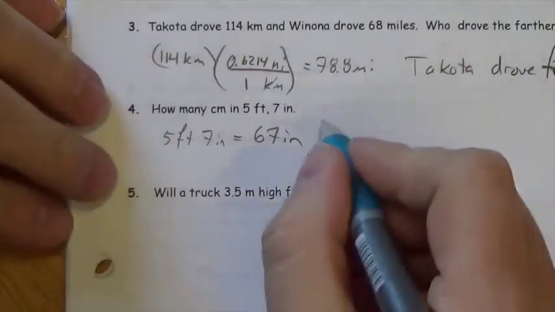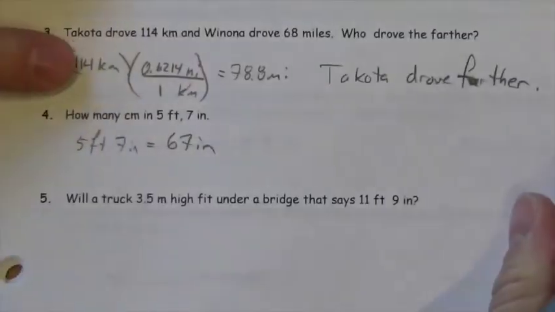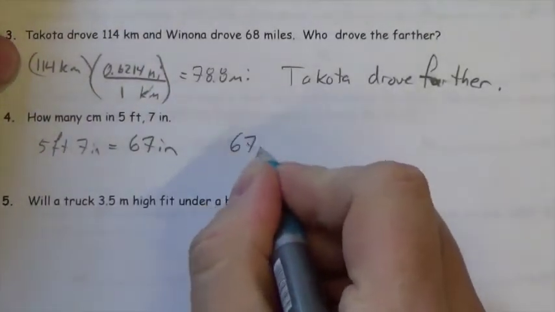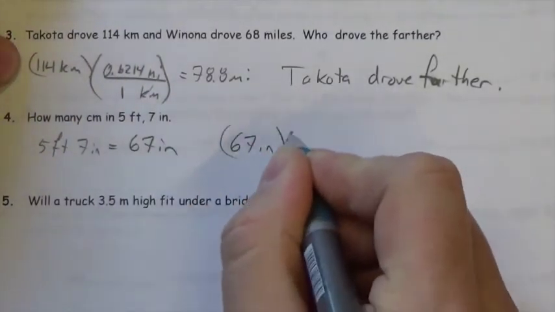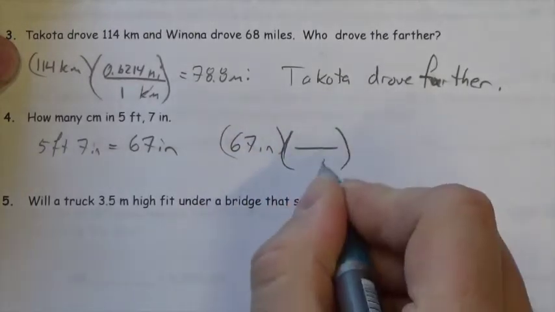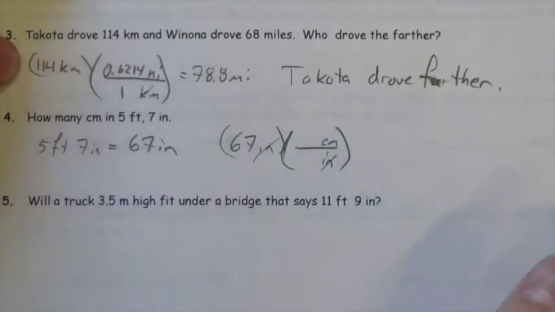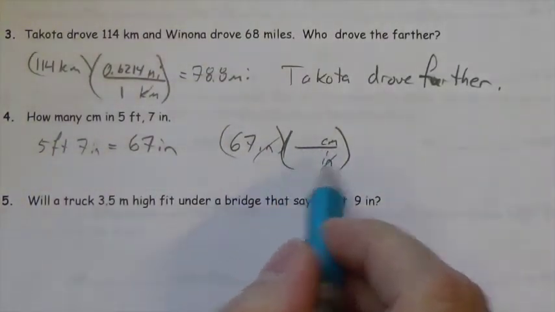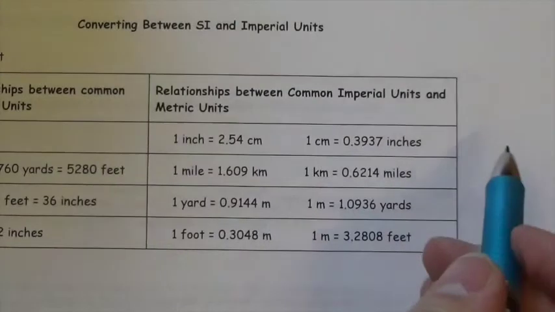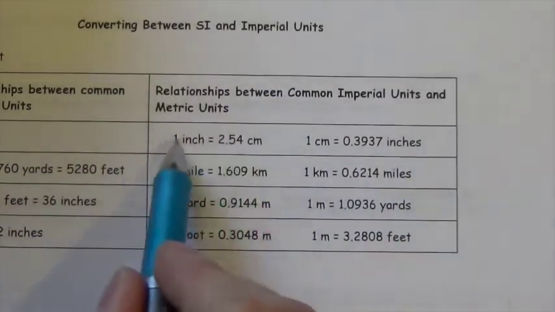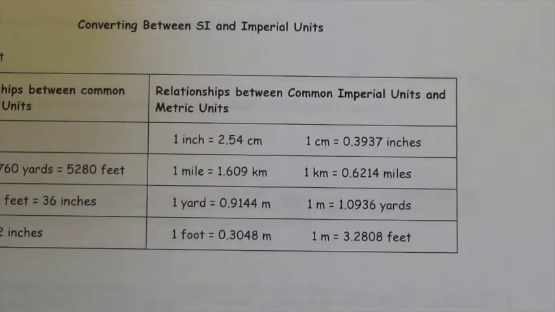Now we're going to convert 67 inches into centimeters. I put inches in the denominator and centimeters in the numerator so that the inches cancel. We need a conversion between centimeters and inches, and I'm going to use this one: 1 inch is 2.54 centimeters.